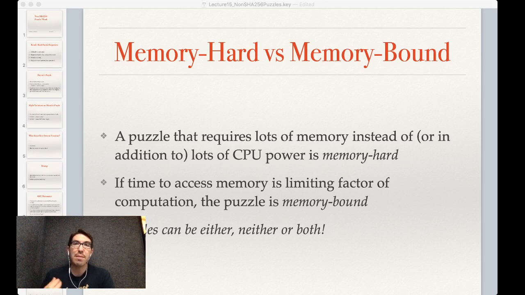So what do I mean by memory hard and memory bound? A puzzle that requires a lot of memory, and this might be in addition to CPU power or without a lot of CPU power, but if it requires a lot of memory in order to calculate, we say that it's memory hard.